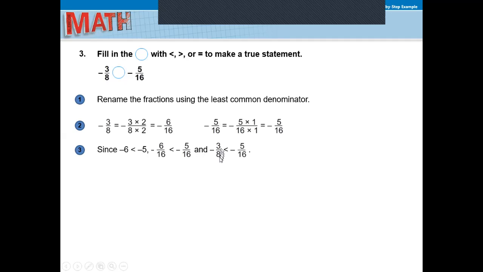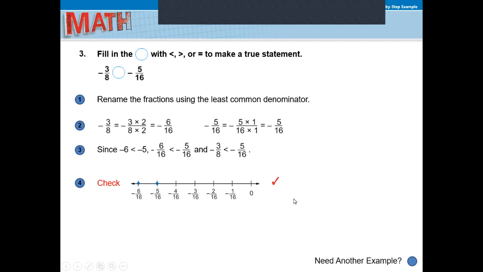And -3/8 is less than -5/16. Notice they went back to the original problem to do their final answer. Check using a number line. Here's -6/16, -5/16. Check. -6/16 is less than -5/16.